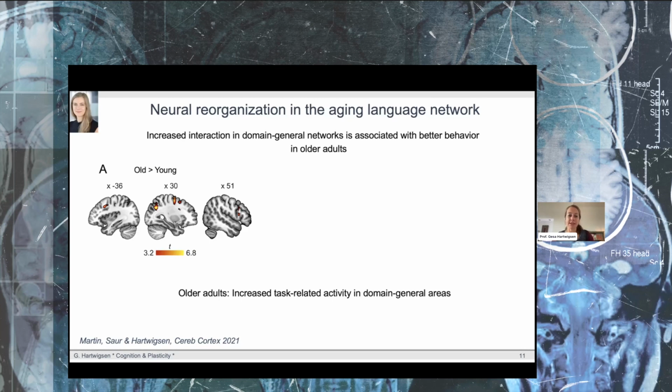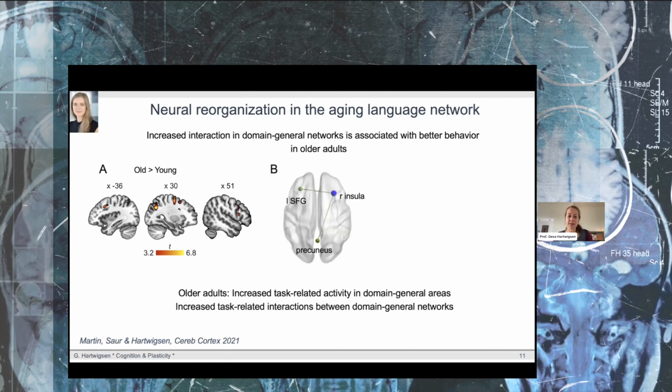And we generally see that older adults have increased task-related activity relative to young subjects in domain general areas, in particular the right IFG and some of these more domain general midline structures and superior parietal lobe. Older adults also show increased task-related interactions between different domain general networks. So here, for example, we see the interaction between a seed region in the right insula. This is part of the multiple demand network for cognitive control, and the default mode network.